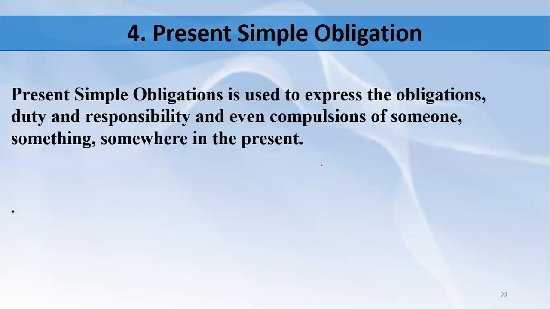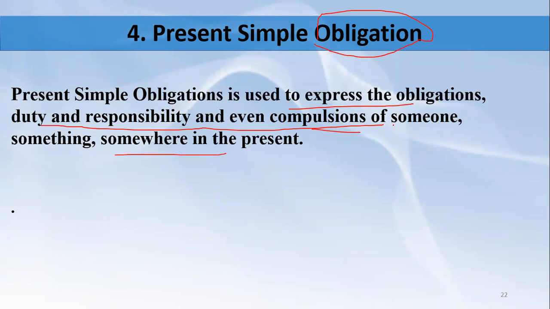Then let's talk about present simple obligations. Obligations means our duties, our responsibilities. So present simple obligation is used to express the obligations, duties, and responsibility, and even compulsions of someone, something, or somewhere in the present.